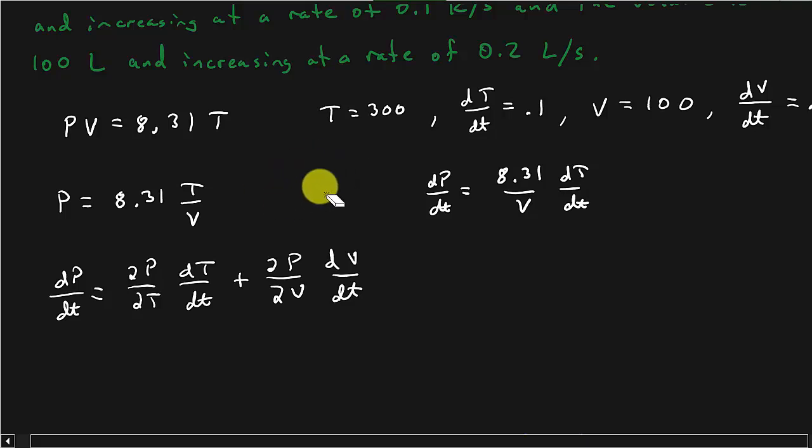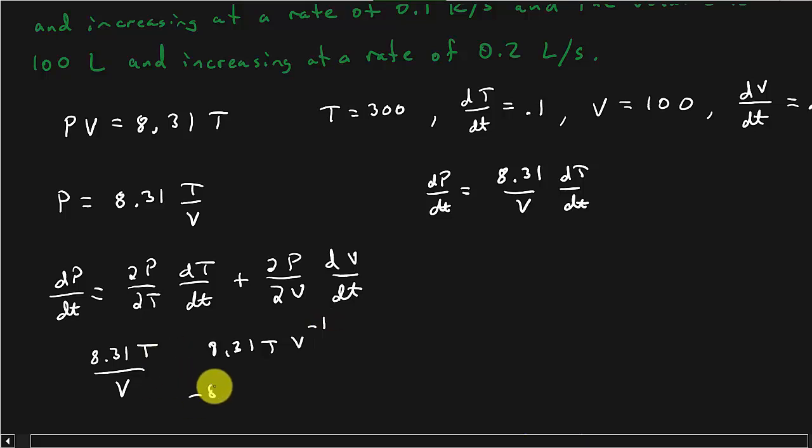Then I need the derivative of P with respect to V. Now let me show you this real quick. So this would be 8.31 T over capital V. We could look at it like that. What's the derivative of this? Well, remember, you can write it like that. Bring the V up.